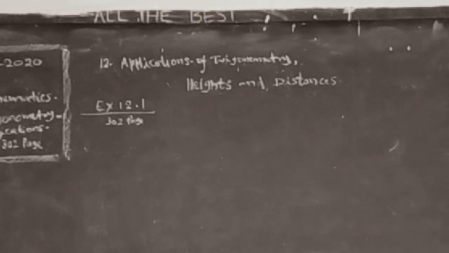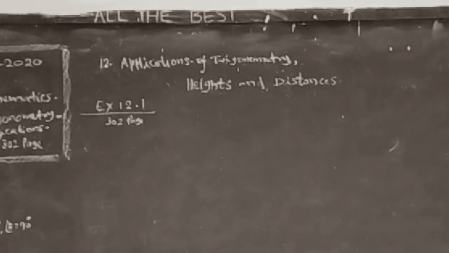The trigonometric ratio having the relationship between these two sides is tan. So first, write the given data: in triangle ABC, angle A is 45 degrees, angle B is 90 degrees, and AB is given as 15 meters.